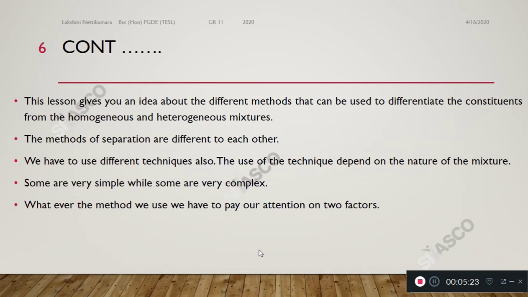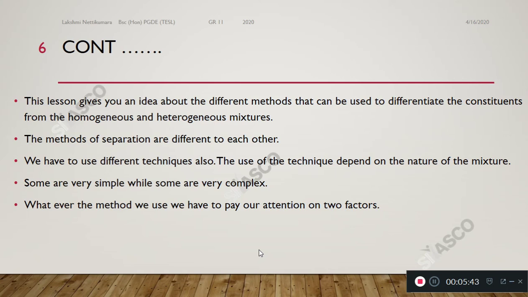The methods of separation are different from each other, that is obvious. We have to use different techniques, and the use of techniques depends on the nature of the mixture. Some are very simple while some are very complex.